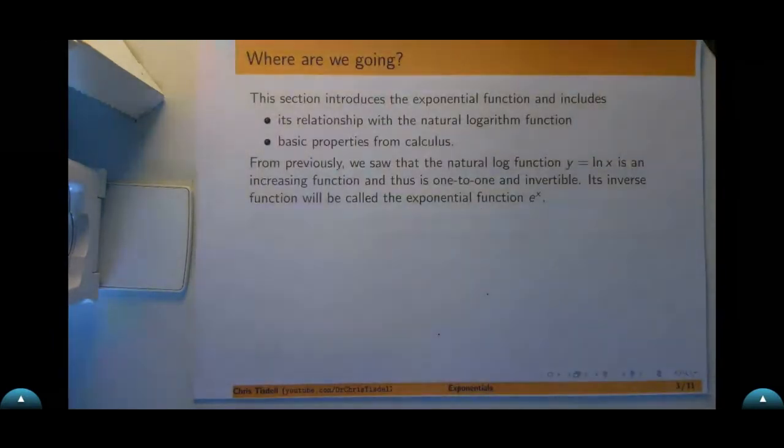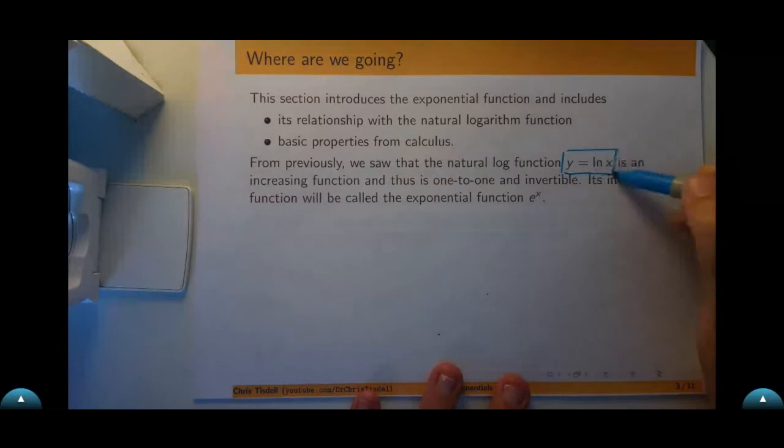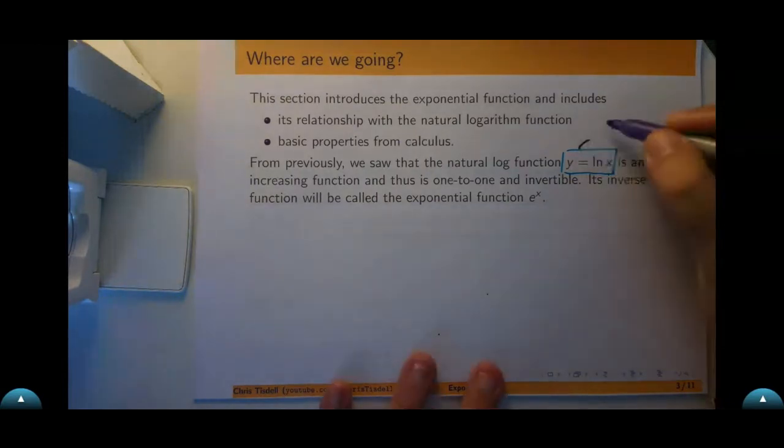All right, so let's just refresh our memories from the previous lecture. In the previous lecture, we introduced this logarithm function, and we introduced the following definition.